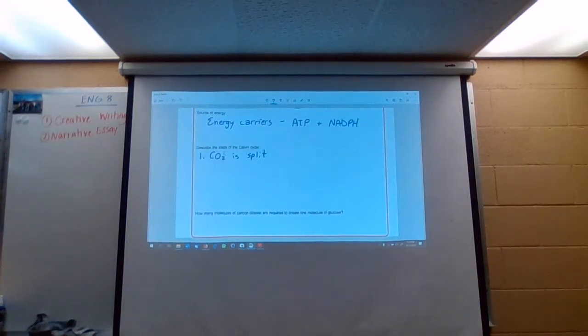We got to split it up in order to reassemble it. 6 carbons are used. Three are joined with another 3.